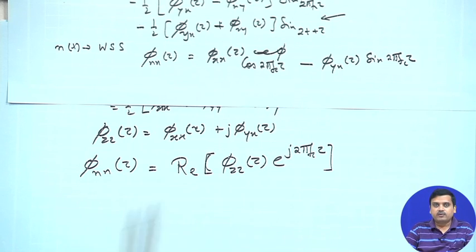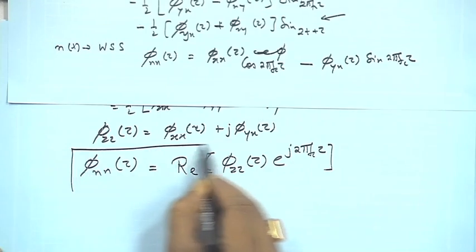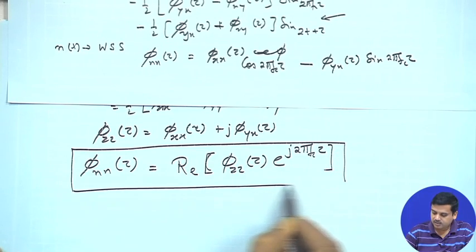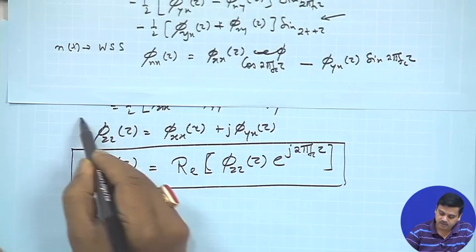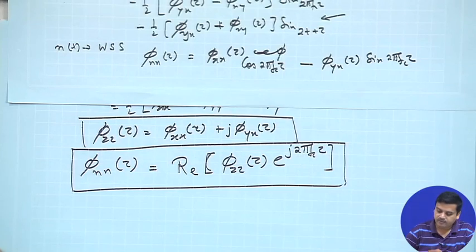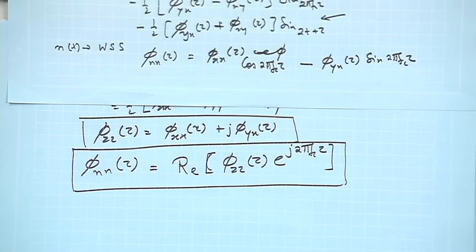This is a form very similar to the relationship we had when we discussed the baseband equivalent, the low pass equivalent and the passband of a signal. So in the case of a stochastic process, we have the correlation functions related in a similar manner as for the signal, and we have a similar thing for the autocorrelation function and its in-phase and quadrature-phase components.